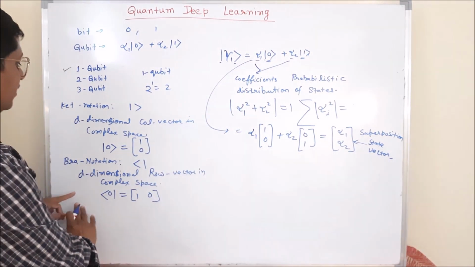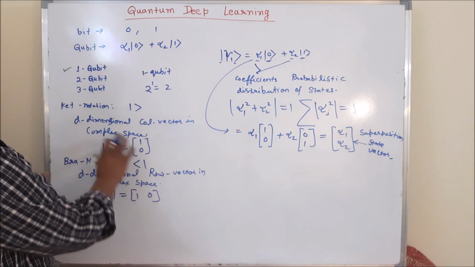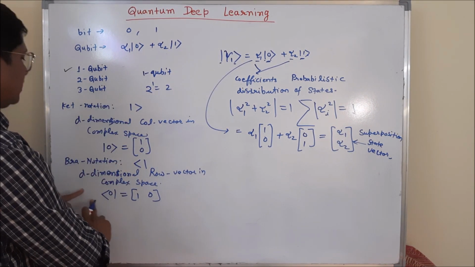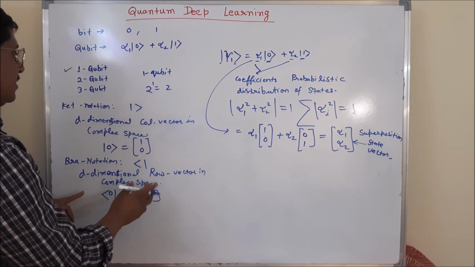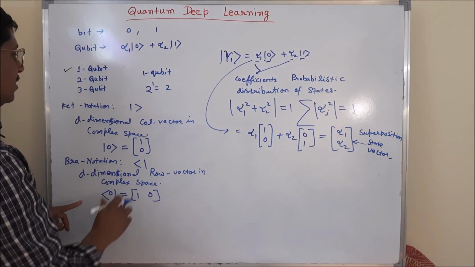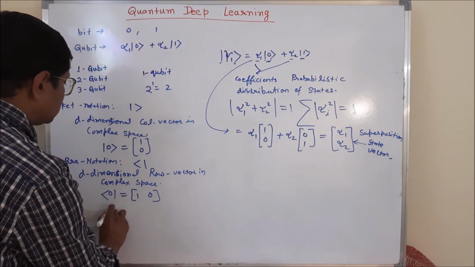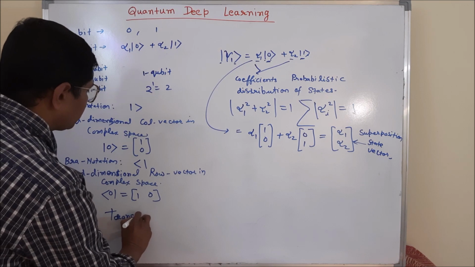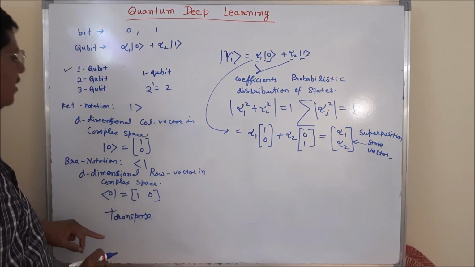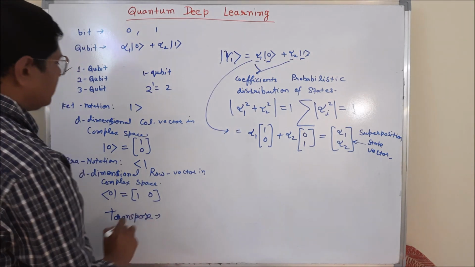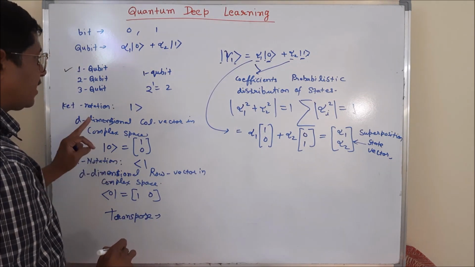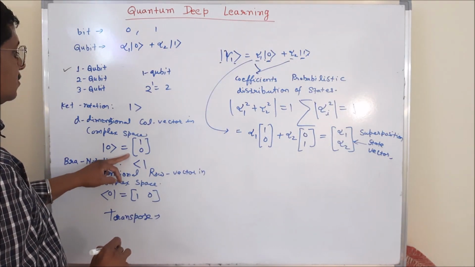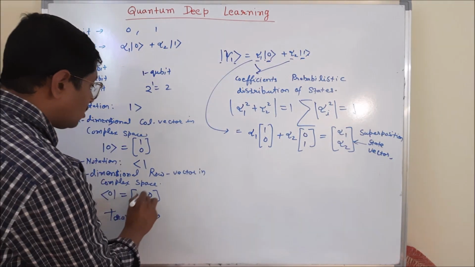And the other thing is, if you want to get the Hermitian conjugate, we are not going into that detail. Suppose you want the Hermitian conjugate for the Bra notation with respect to a given Qubit notation, then you have to take the transpose of that vector, and you have to calculate the complex conjugate of each of those elements.